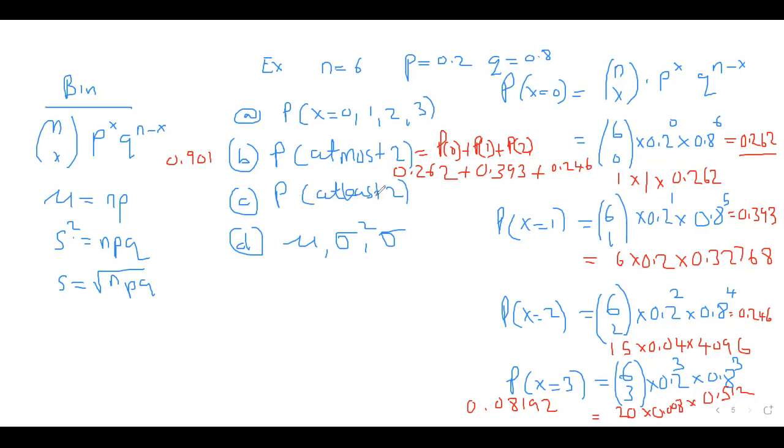Then here we go to at least 2. At least 2 means what? Probability is greater or equal to 2. So this means we're starting from 2, 3, 4, 5, up to number 6, since that's our n. Now this is very tedious.